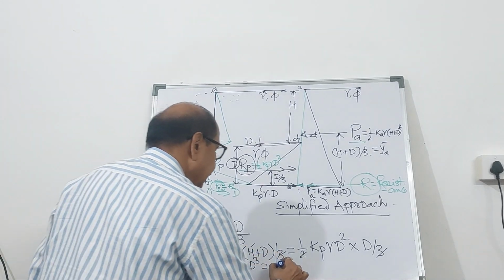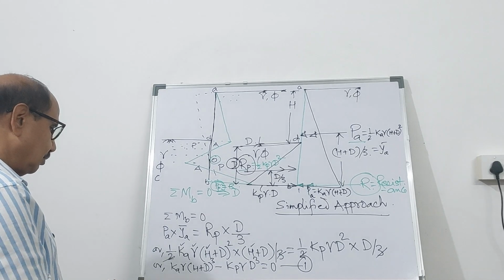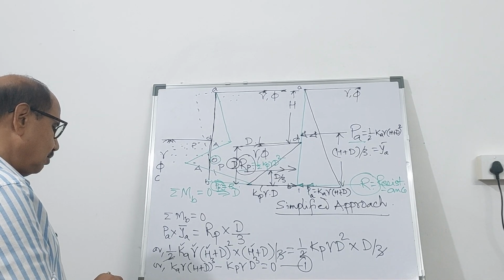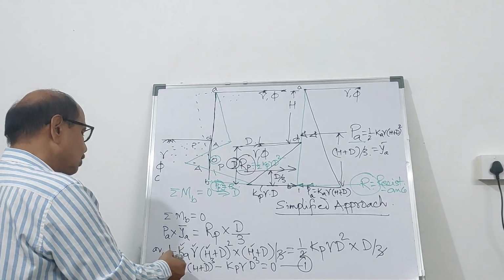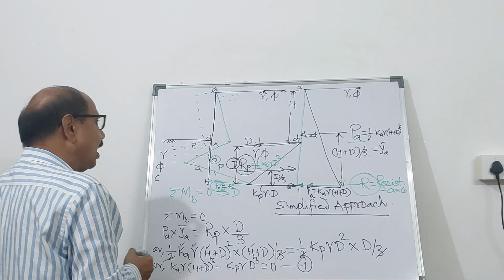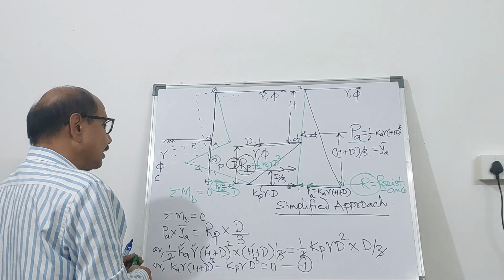So this is the simplified equation we are getting. Now you can solve this equation number 1 and you can get the value of d.